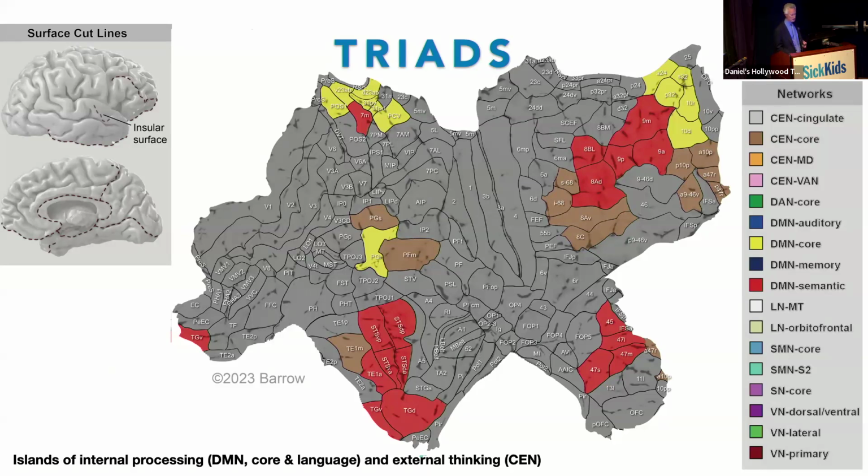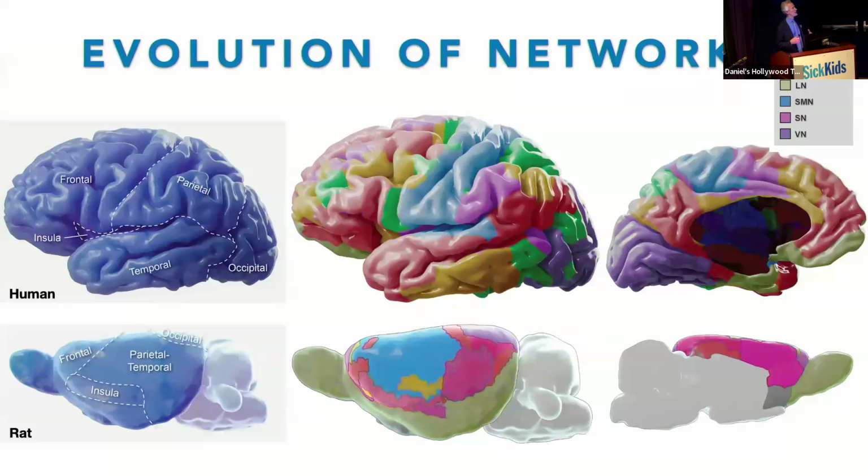And what this is telling us is that evolutionarily, we all have the same systems, the same basic sensory and motor systems. But what makes human beings different from rats, for example, is that we have these triads that allow this information to then enter these higher networks that feed language, that feed our internal processing network, which is the default mode network, or the central executive network that allows us to do these higher cortical tasks like creativity and intelligent function. And this is what's differentiating us from lower species.